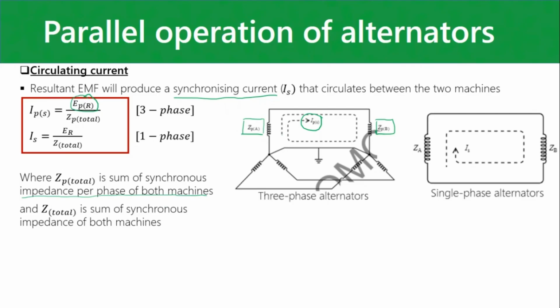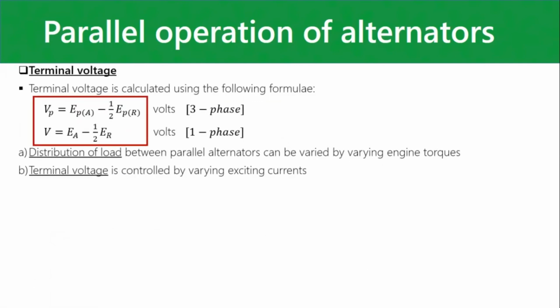So, okay, let's have a look at how we use that. There are a couple of things we have to calculate here. The circulating current. Then we also have to find the common voltage between the two, because now they're both connected onto the same bus bars. So what is that terminal voltage going to be?